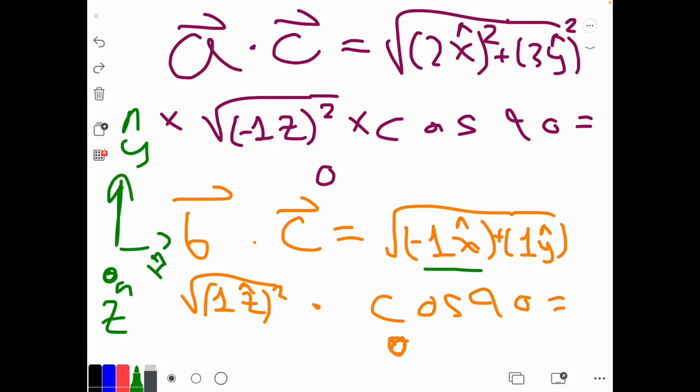So that negative is just for proving my coordinate system is right, so I don't make a mistake on that one.